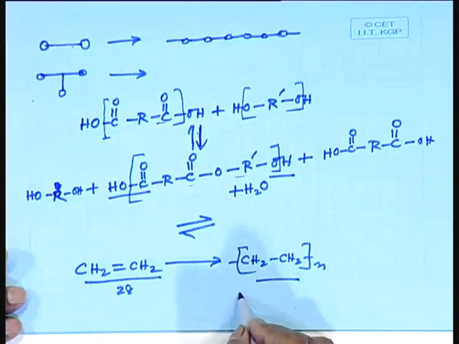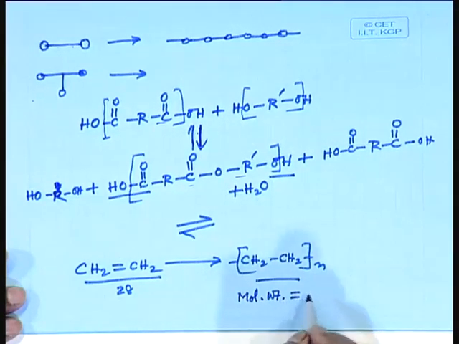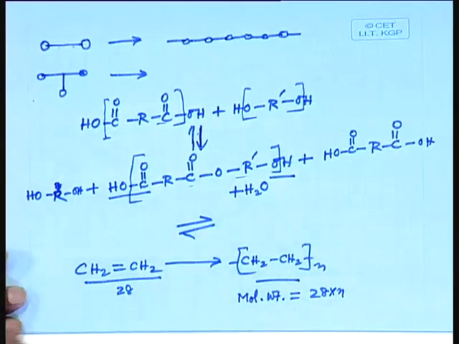So, molecular weight in this case is very easy to calculate, 28n. If n is 50,000, that is the molecular weight. If n is 10,000, that is the molecular weight multiplied by 28 in this case.